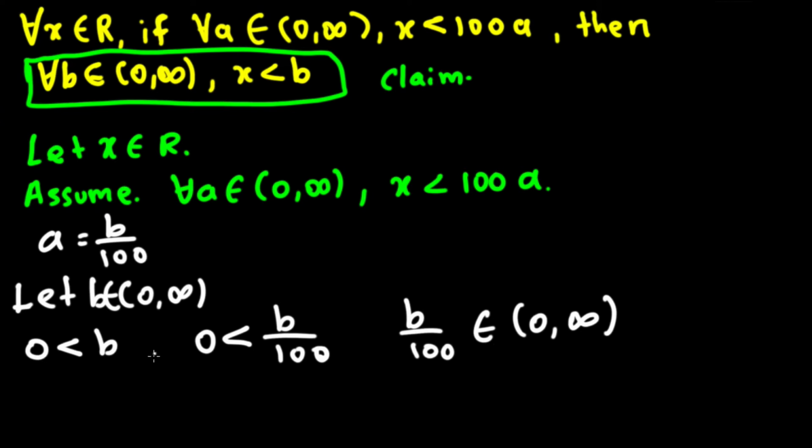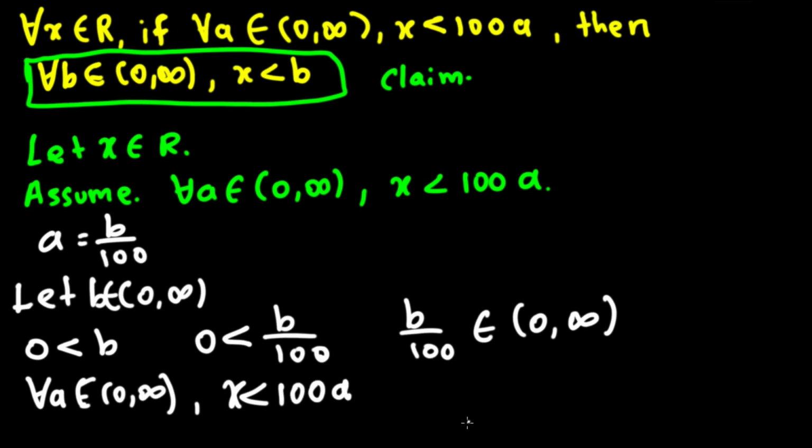The next thing is we are going for a, and we know that for all a belongs to 0 to infinity, x is less than 100a. I'm taking this statement, x is less than 100a.